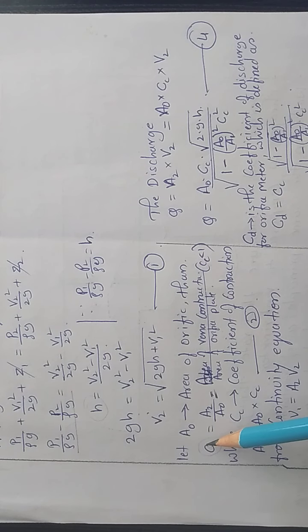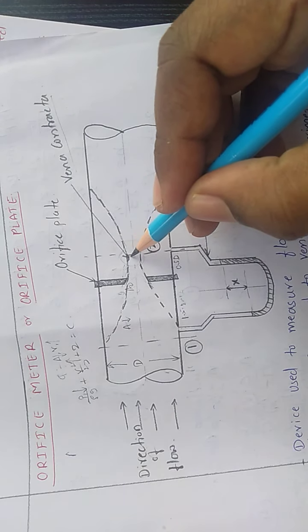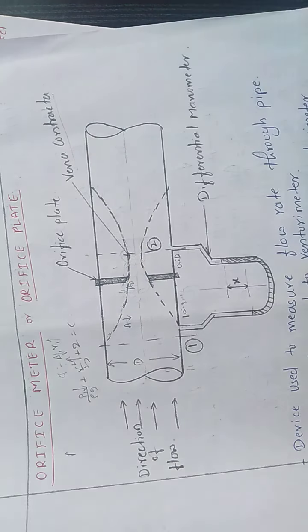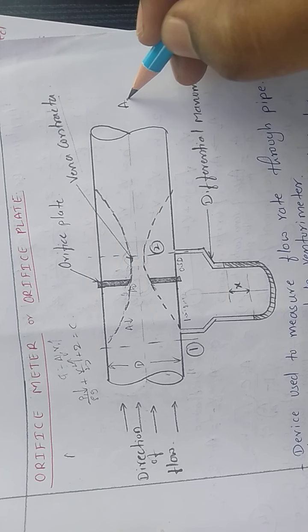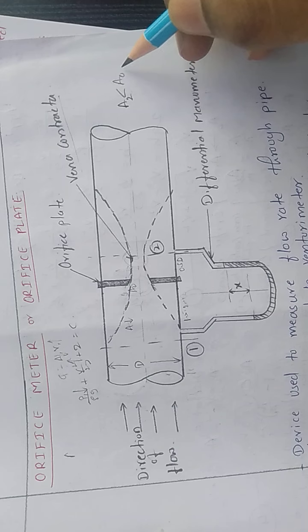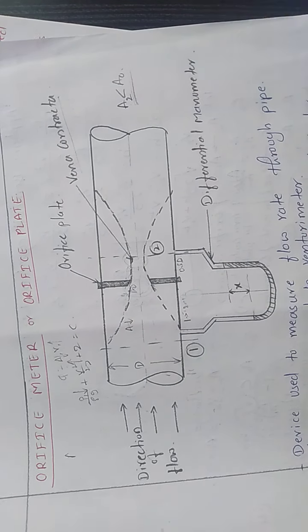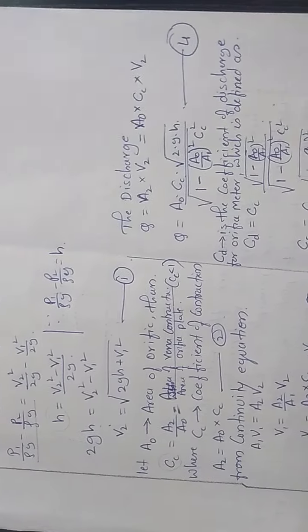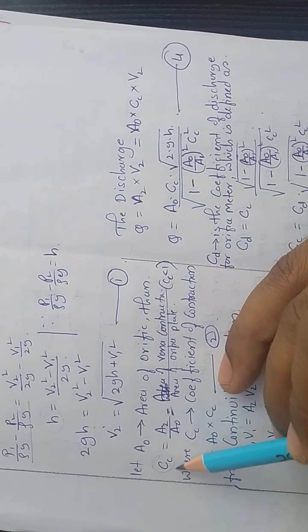It is nothing but the area of the vena contracta divided by the area of the orifice plate. If you look at the sketch, the area of the vena contracta, A2, is less than the area of the orifice plate. Just observe the sketch, you can easily identify. So this ratio, area of vena contracta divided by area of orifice, we call the coefficient of contraction.